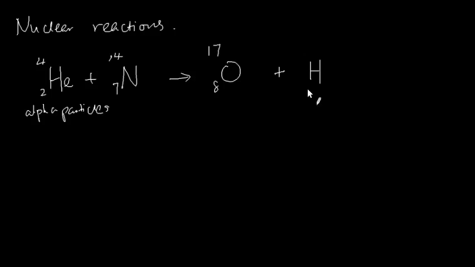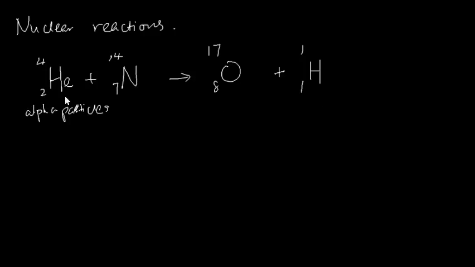That's why we have a 17 up here. And for the hydrogen gas, the hydrogen nucleus that is produced by this reaction has just 1 proton and no neutron. So it's just 1 and 1. So this is a possible nuclear reaction that can happen. And as you've seen, this is how we can use a symbol.